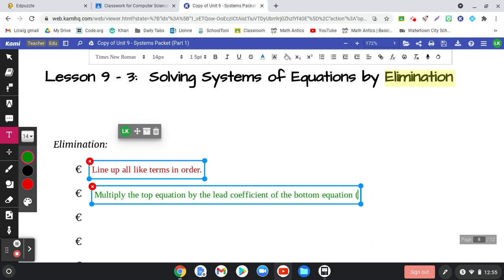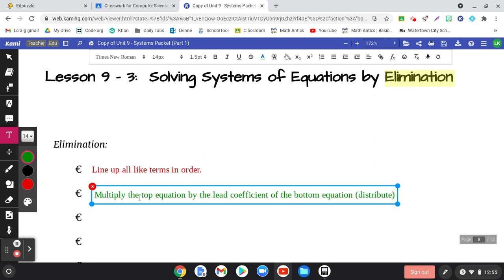And we're going to do this by distributing. So let me say that again. We're going to multiply the top equation by the lead coefficient of the bottom equation. That's just the starting number of the bottom equation. You could even make a note of that. That's all the lead coefficient is.